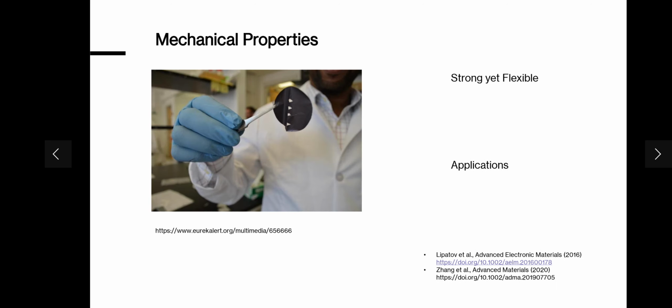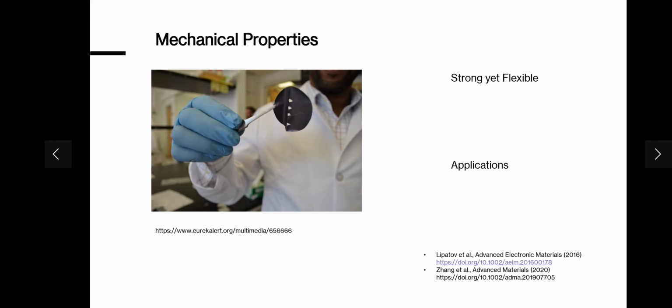Carbide sheets also have multiple mechanical properties. They are very strong yet flexible. MXene nanosheets possess high tensile strength and elasticity due to the strong transition metal-carbon bonds and their 2D flexibility.